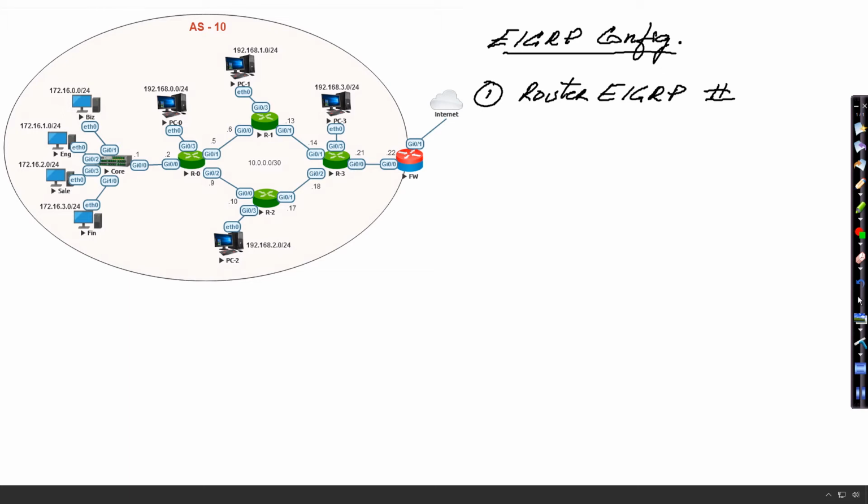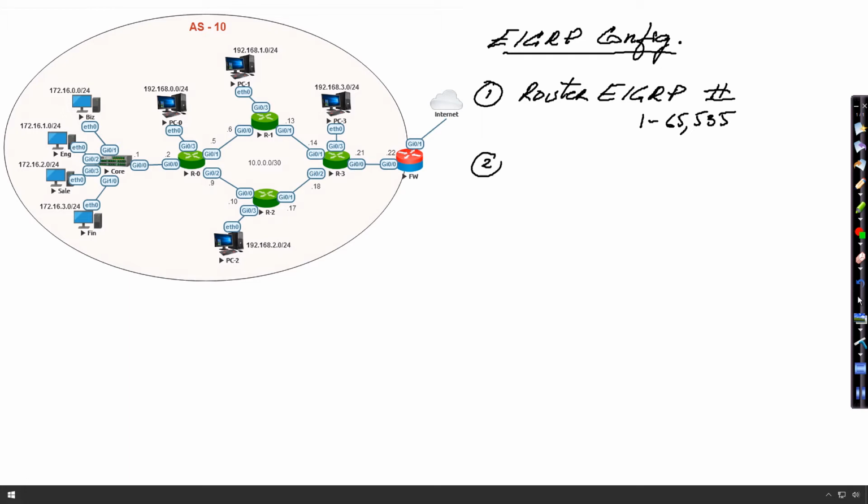Again, autonomous system is just a number that represents your entire entity or domain. You can choose a number between 1 to 65,535, or 2 to the 16.